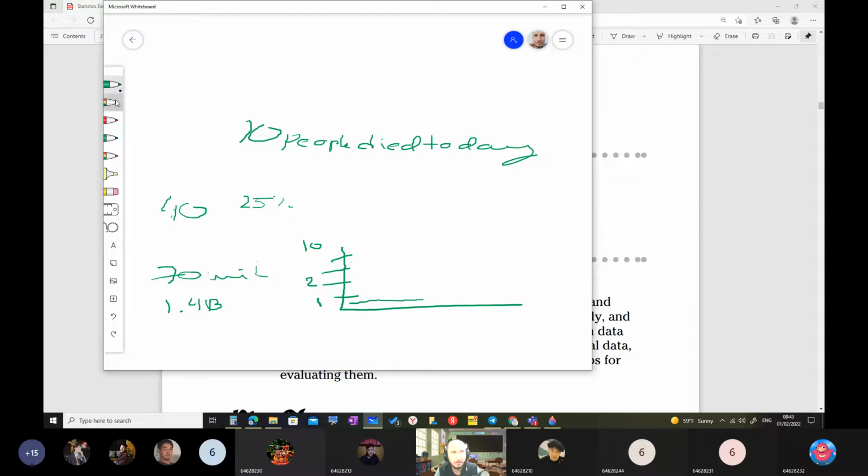So for example, this is some flu, and motorbike accidents we can see are higher. So this is motorbike, and this is COVID. So we can compare two things. This is percent of the population of the country.